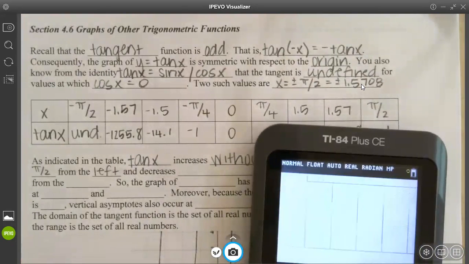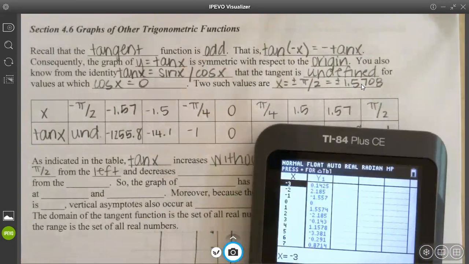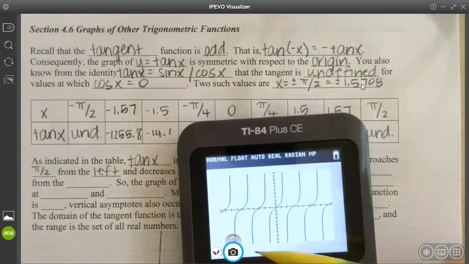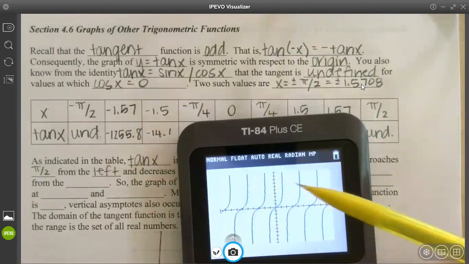So if we go to our table, you guys can see that it's going to fluctuate. Does everybody see how it goes from negative to positive to negative to positive? That's because of this little curve right here, negative to positive, negative to positive.